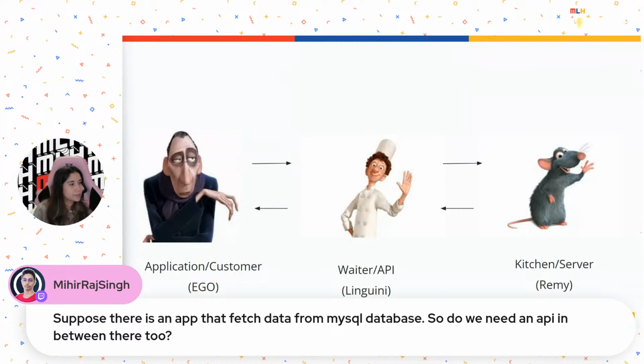Suppose there is an app that fetches data from my SQL database. Do we need an API in between there too? I wouldn't say so directly. I mean, you definitely can, but with MySQL you can connect directly through PHP. But if you want to scale that bigger, you will definitely need an API in PHP, sadly, to connect to your MySQL database.